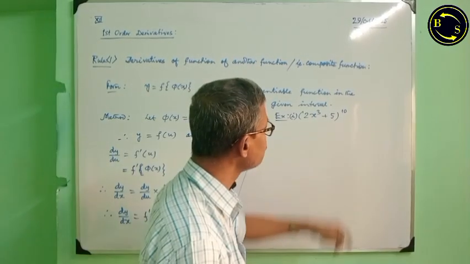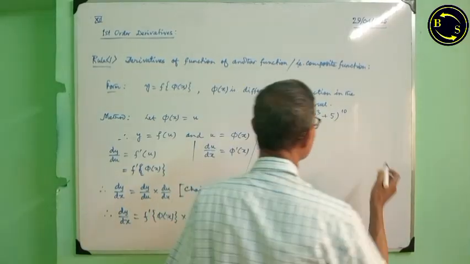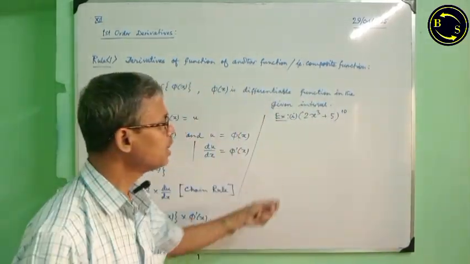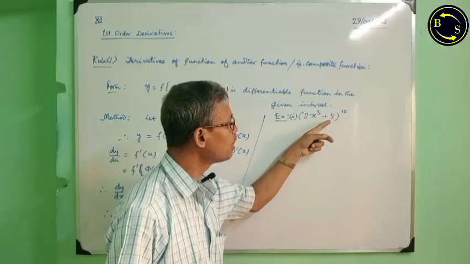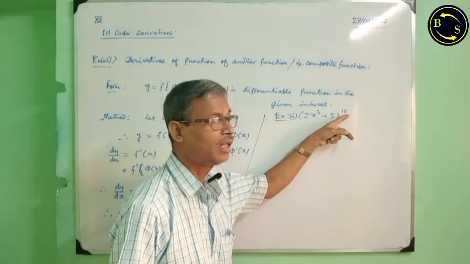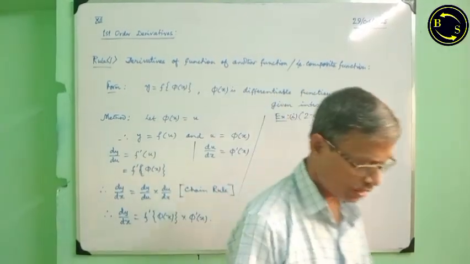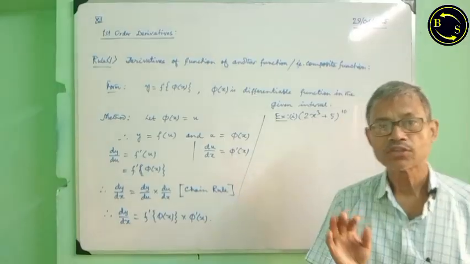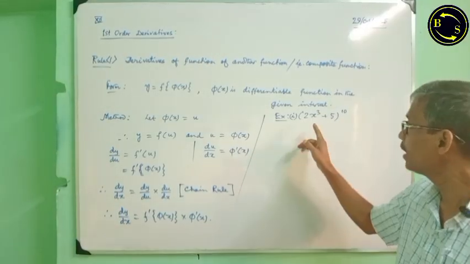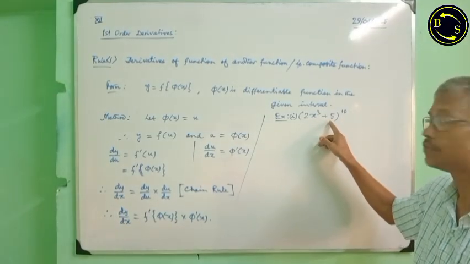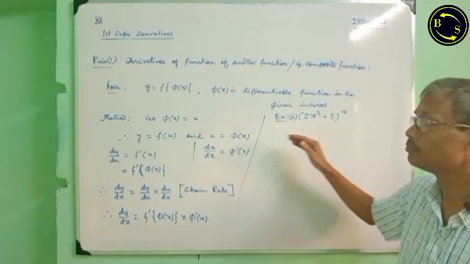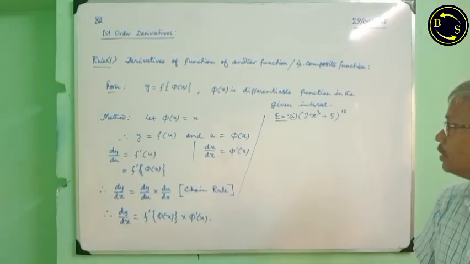This one is to be differentiated with respect to x. Now we see 2x cube plus 5 whole to the power 10. Originally we have the form x to the power n, but in place of x it is 2x cube plus 5. That means that is of the form function of function. We start like this.